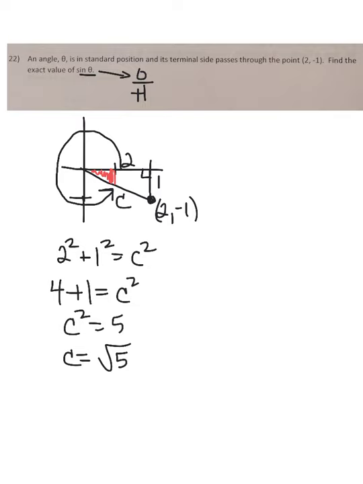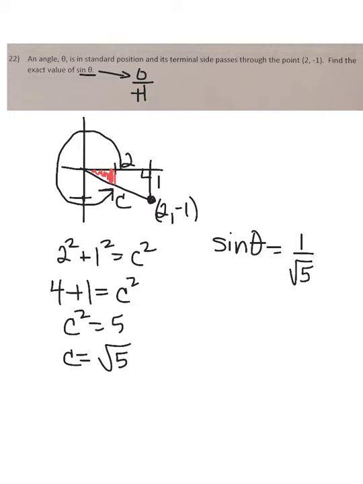Alrighty, so let's see. We want the sine of theta, right? So sine theta equals, here we go, here's my reference angle, opposite over hypotenuse. So my sine theta is going to be 1 over radical 5.